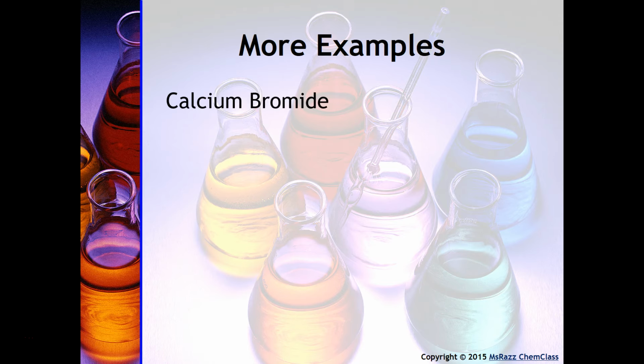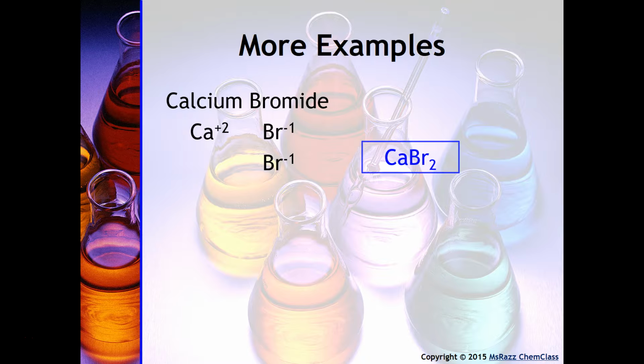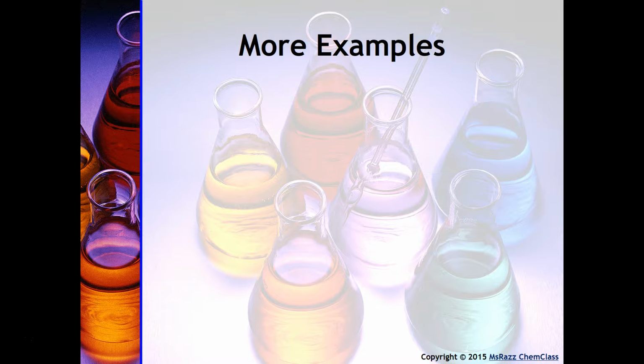Here's another example, calcium bromide, Ca+2, Br -1. You need 2 of the bromides to equal out the charge on the calcium. So it'll be CaBr2. Lithium nitrate. Again, you want to look up the charges. Anytime you see an -ate, again, that is not on the periodic table, so therefore that must be a polyatomic ion.